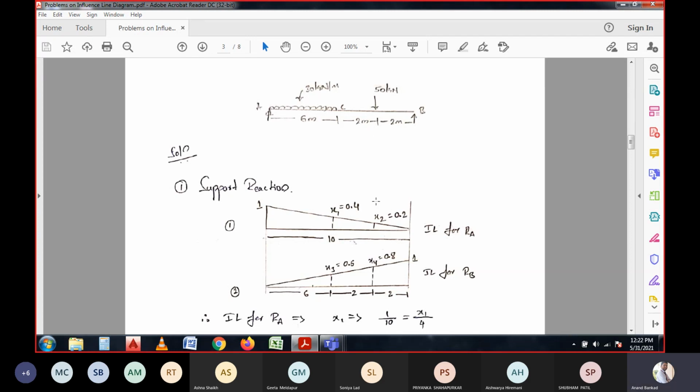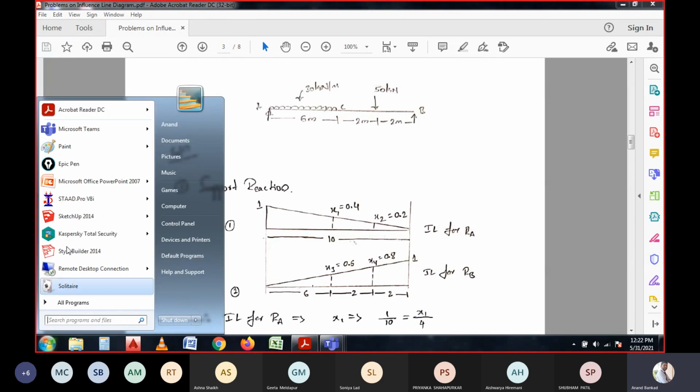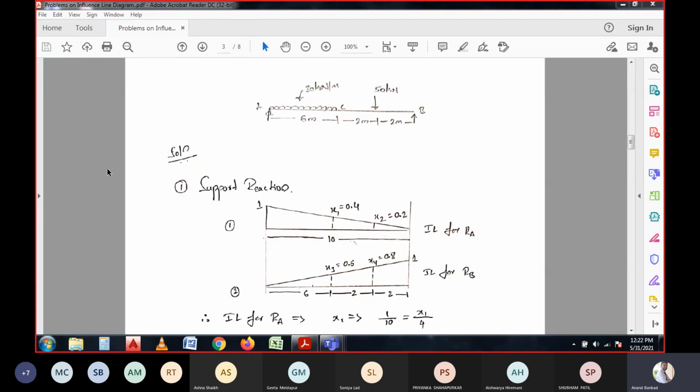That is where we have taken the section point. If you take a point over here, let me show it with a marker. This is a unit load at the particular point. If it is a unit load, then what would be the coefficient value for a distance of 6 meter from the left end?